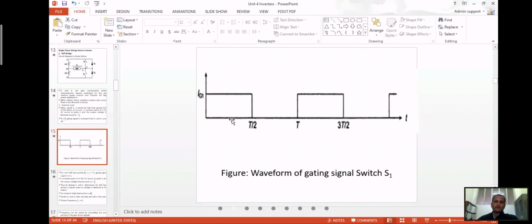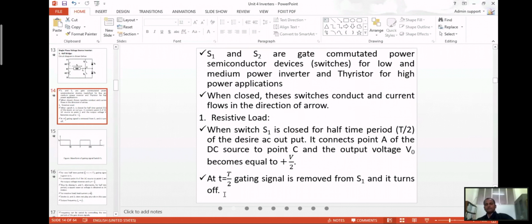So when S1 is conducting, the period will be T by 2.